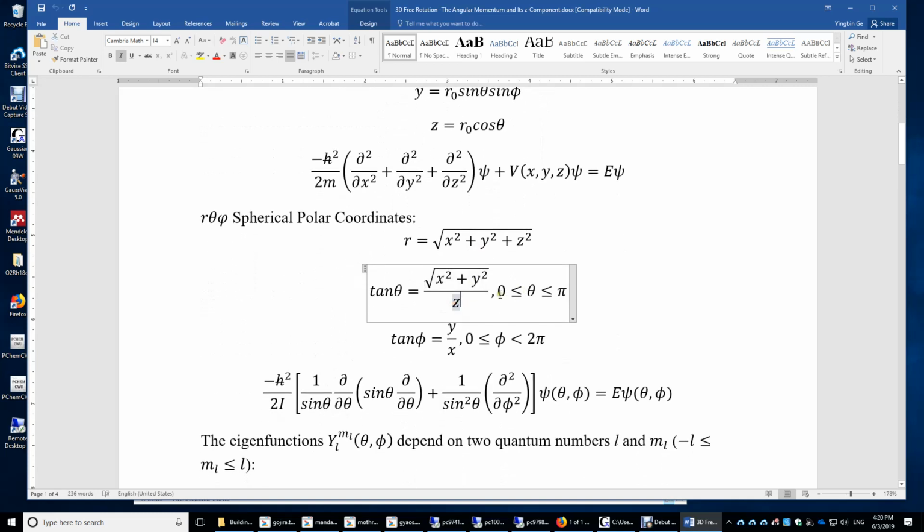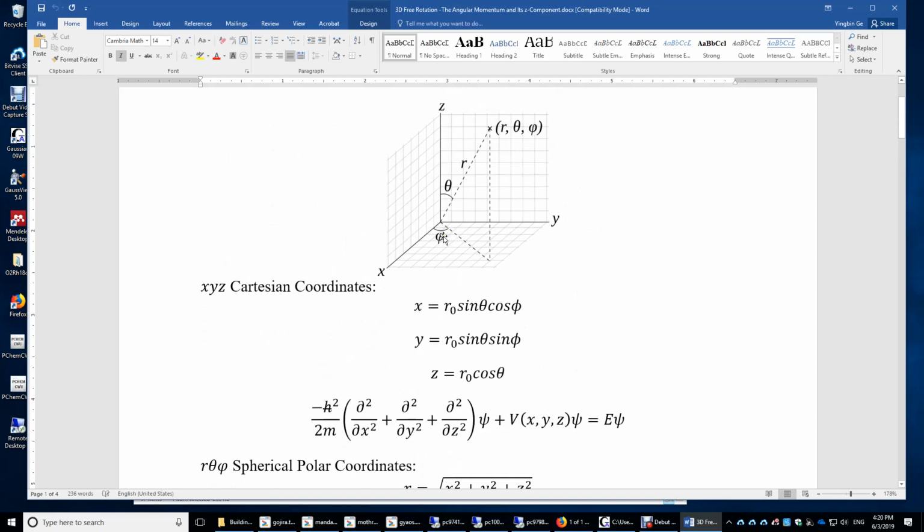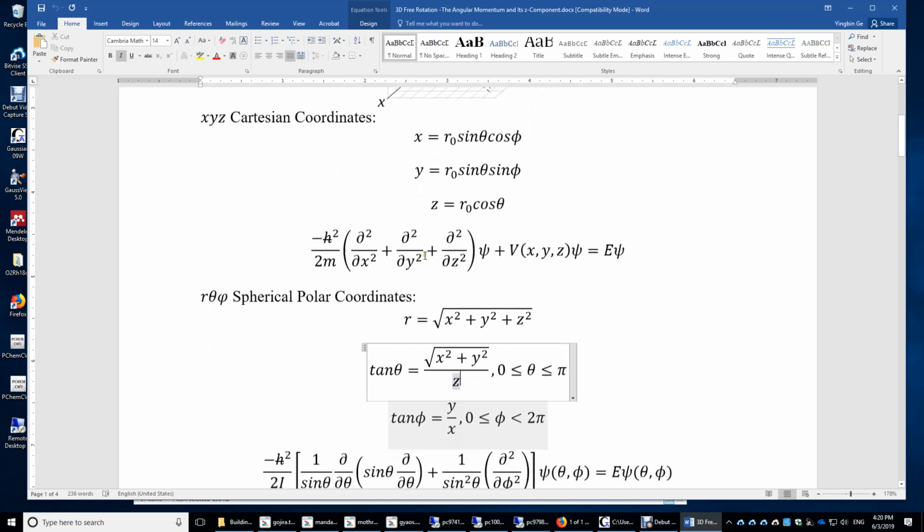Theta is from 0 to pi, so theta corresponds to the latitude of Earth. And tangent phi equals y over x, and phi is from 0 to 2 pi, so phi can rotate about the z-axis from 0 to 2 pi, and phi corresponds to the longitude of Earth.